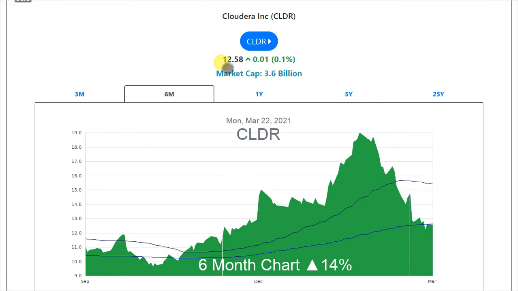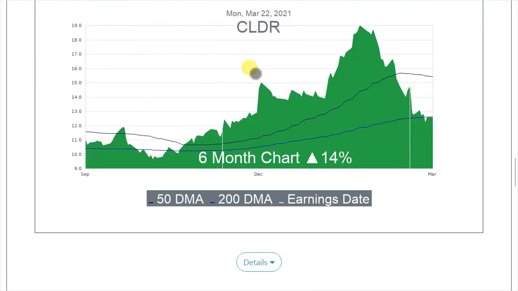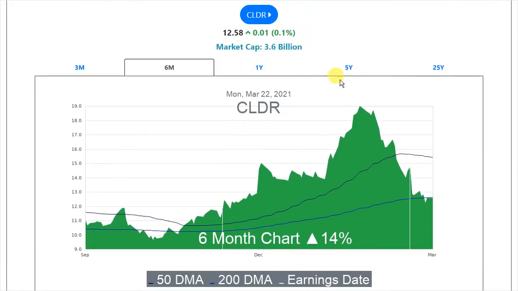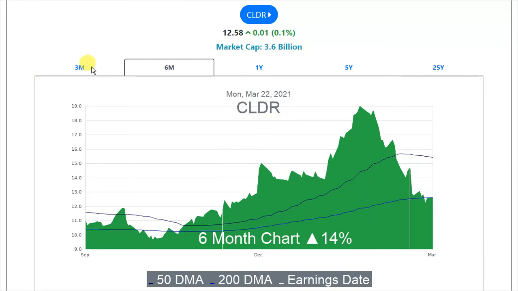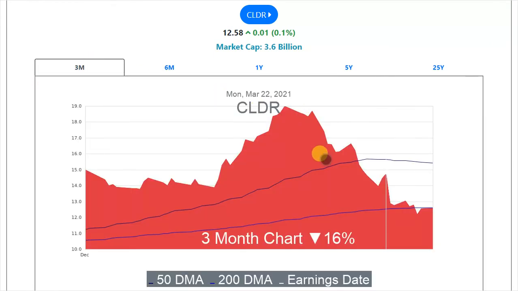So 5 times 12 is $60 a share. I'm not saying that's what I think is possible, or what I believe. I'm just giving you examples based on the math. That's all I'm doing, I'm just talking math right now. So anyways, now looking at the 3 months, let's look at the last 3 months.